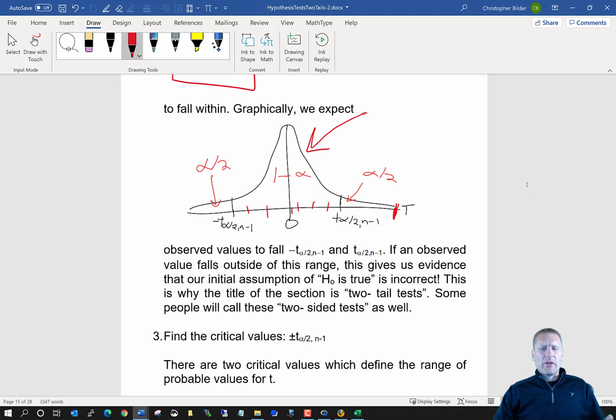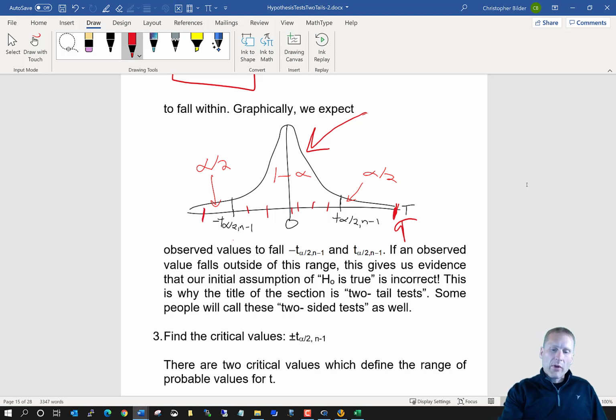I got this particular test statistic, but it falls so far out from the center of the t distribution. Something must be wrong. Maybe my original hypothesis for what mu is equal to in terms of the null hypothesis is actually incorrect. Same thing would occur if I'm way out here as well.